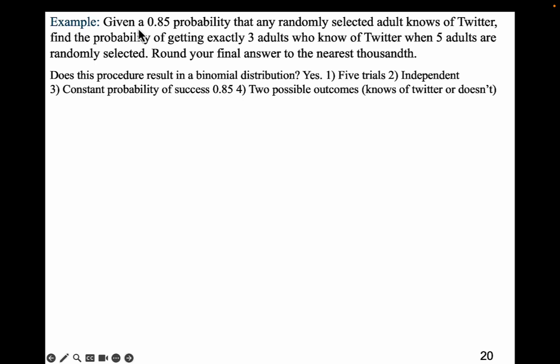Must have this from some past study. And 4, the 2 possible outcomes could be categorized as they know what Twitter is or they don't know what Twitter is. So we do have a binomial distribution, and that will allow us to use the program called binomial under calculator in StatCrunch.